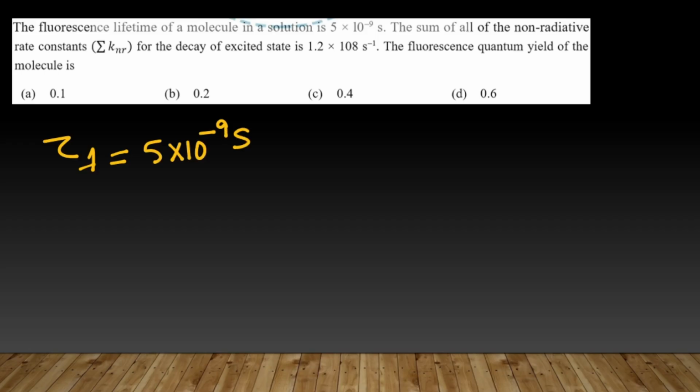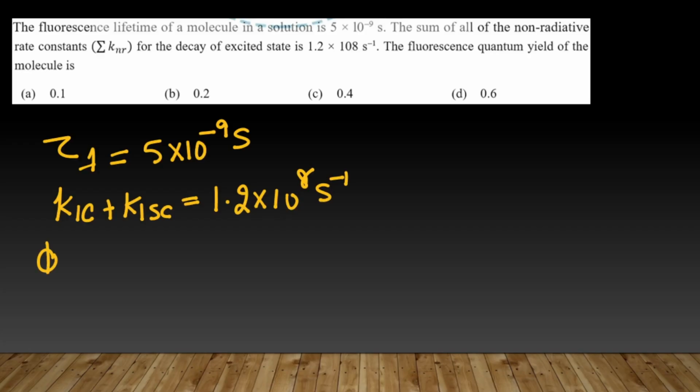The sum of all the non-radiative rate constants, which means the rate constants of internal conversion plus intersystem crossing, is given to us as 1.2 into 10 raised to the power of 8 second inverse. What is the fluorescence quantum yield? So fluorescence quantum yield, which you have to find out, is nothing but Kf into tau f.